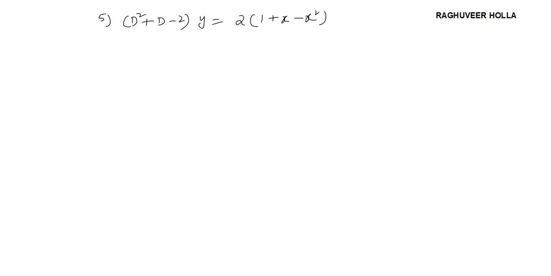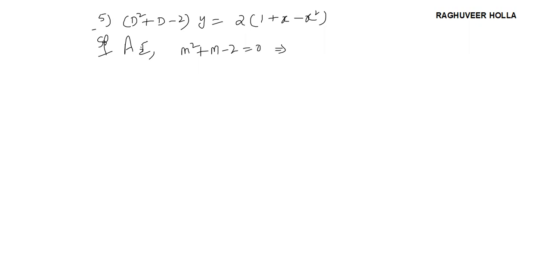Fine. Let us try to solve another problem. Now this is a second order differential equation, again non-homogeneous. So let us write down the auxiliary equation as usual. That is m square plus m minus 2 is equal to 0.